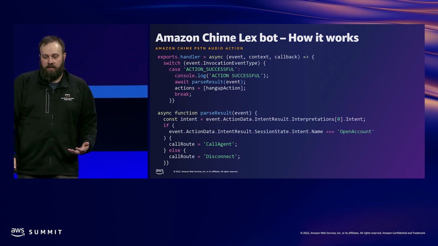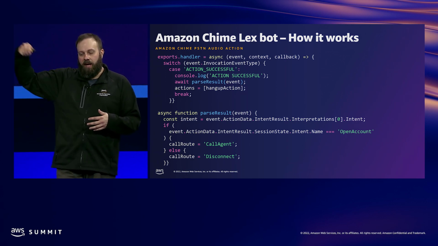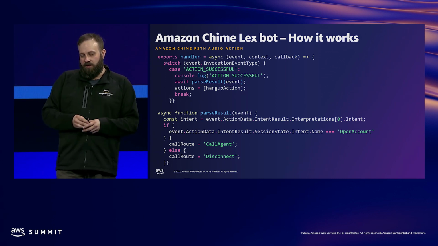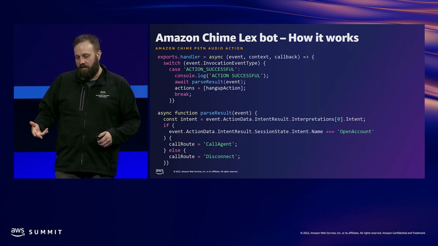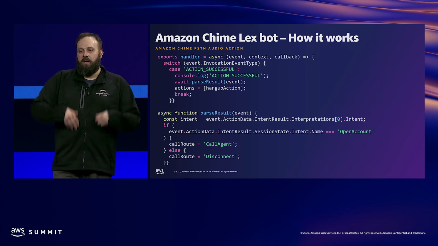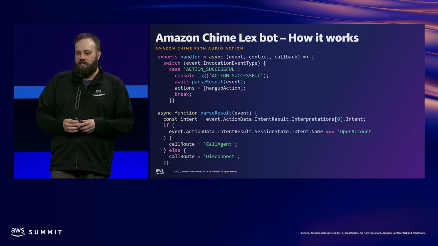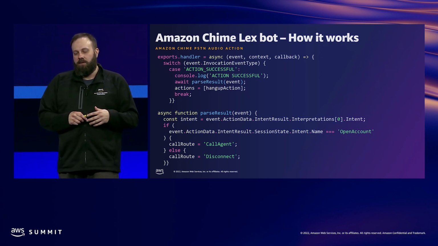So what do I do with it? Well, I'm going to store that information in a DynamoDB, and then I'm going to make this routing intelligent decision. I'm going to say, oh, this is open account. That means I need to call an agent. Or if it's not, I know I need to disconnect it. And so I can process this intelligently and make these decisions based on the information that comes down from the LexBot.